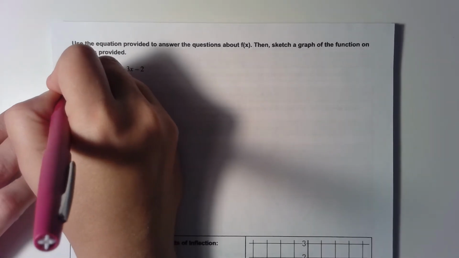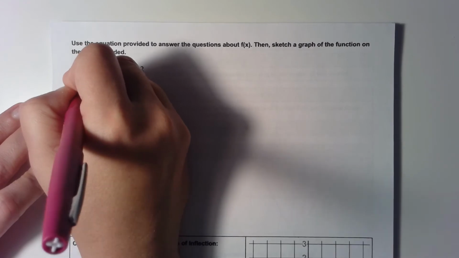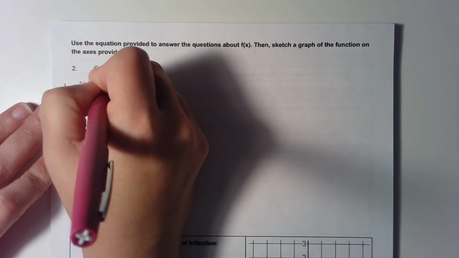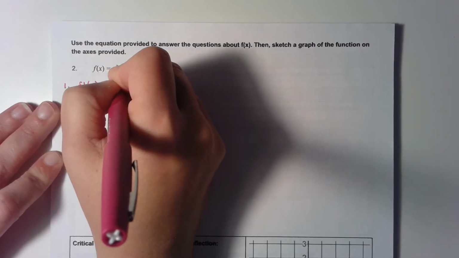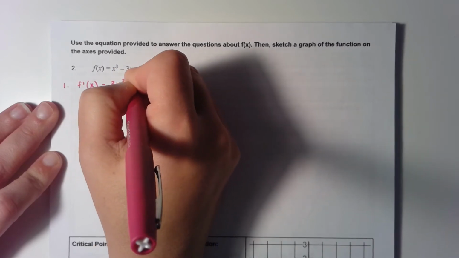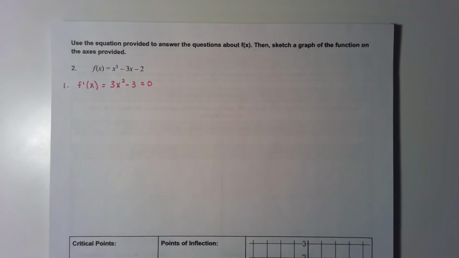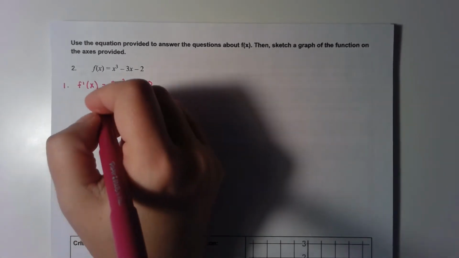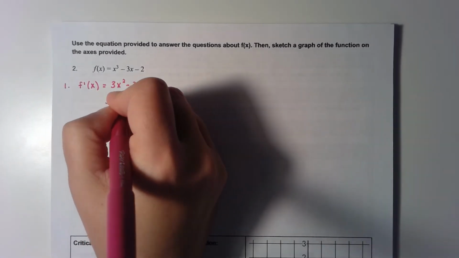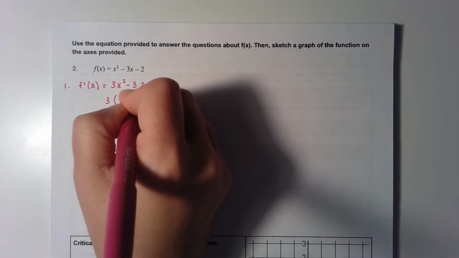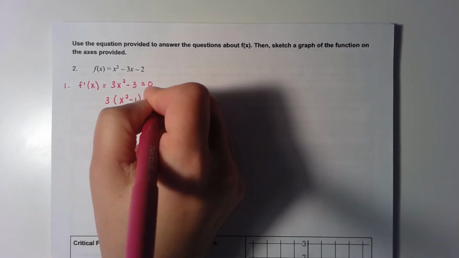Step number 1 is going to be to find the first derivative. So my first derivative here would be 3x squared minus 3 equals 0. We're setting that equal to 0 so that we can find the critical points. Now, if I factor out the number 3, I get x squared minus 1, and I can continue to factor here.